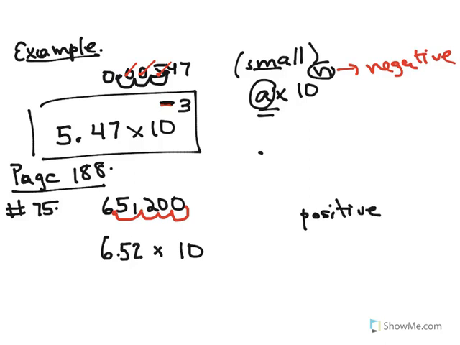So we're going to count the spaces we have moved, okay? So the spaces are 1, 2, 3, and 4. So it's 6.52 times 10 to the 4th. Okay? Let's go and do problem number 77.